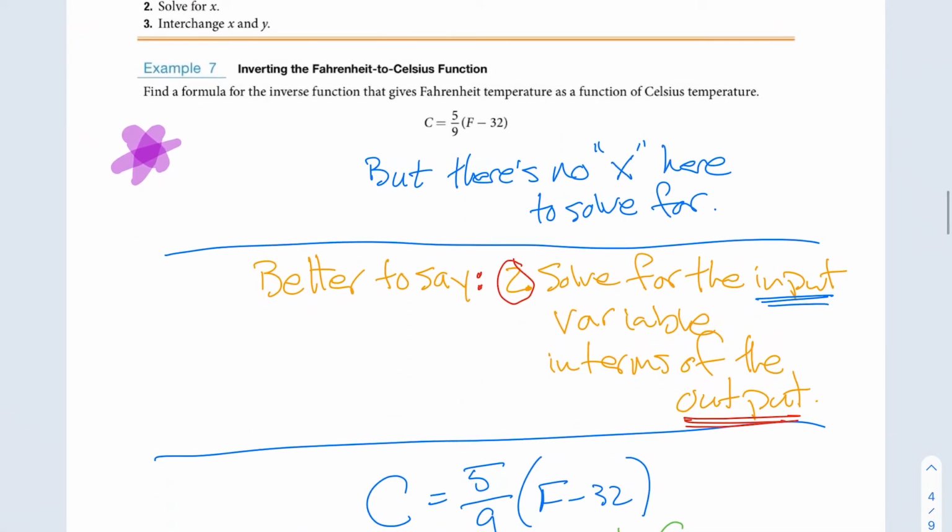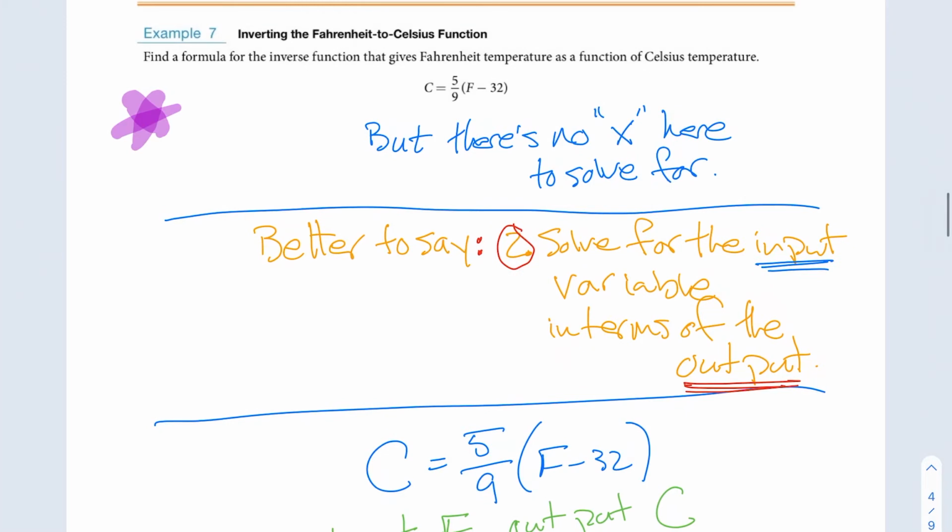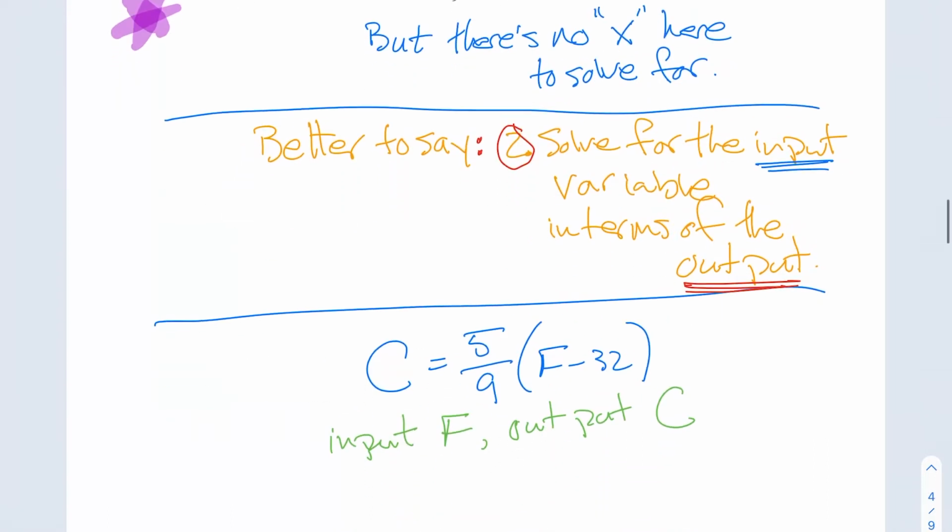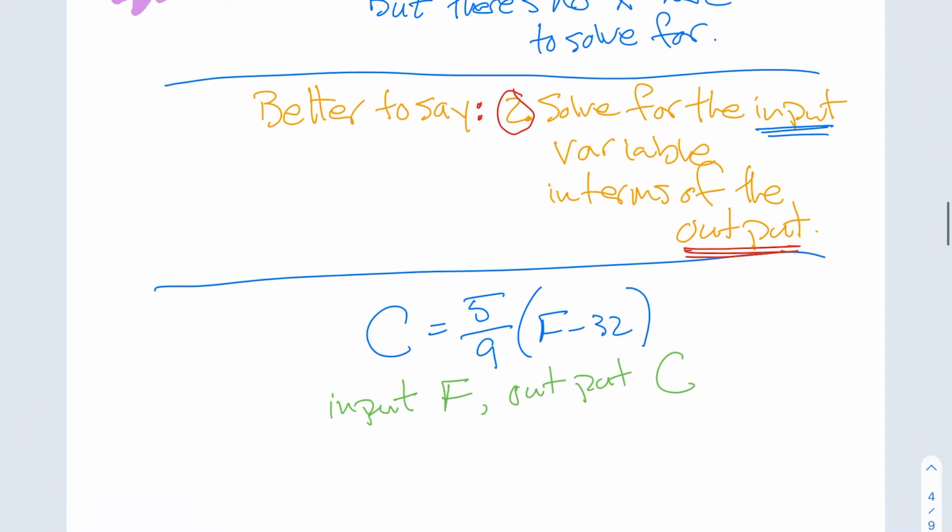Here's an example, back to the Fahrenheit and Celsius, where there's no x's and y's because F and C actually have meanings, they're not abstract variables. So this function, C = 5/9 (F - 32), the input is degrees in Fahrenheit, and the output is degrees in Celsius.